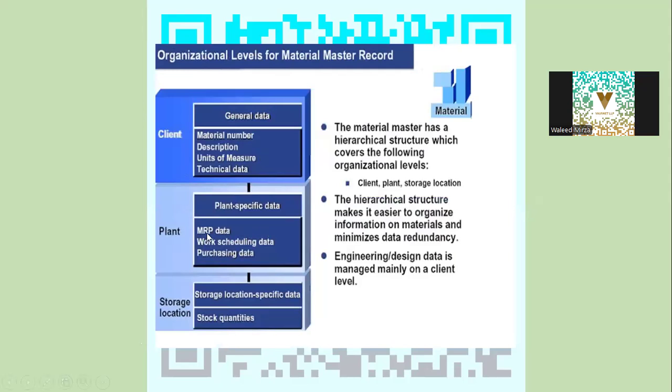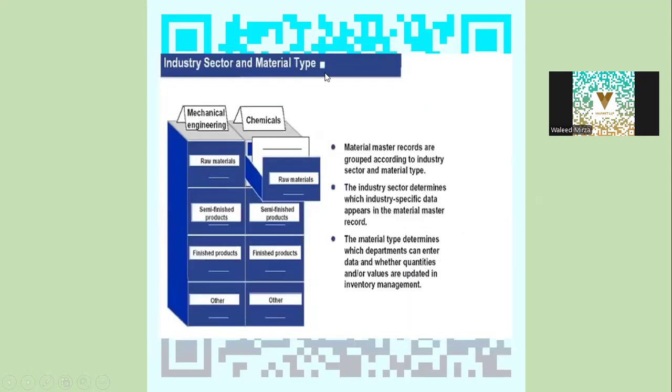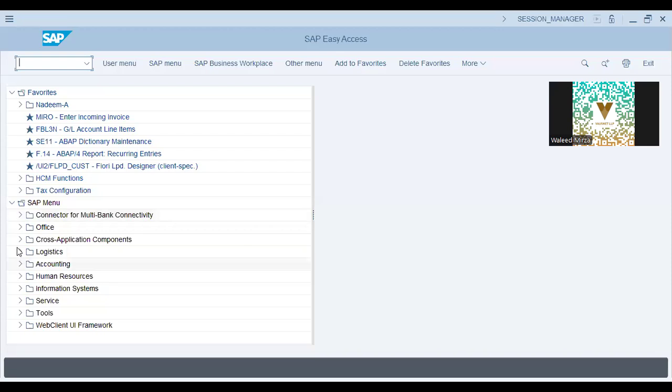Under plant, there will be subsections like material requirement planning, work scheduling, purchasing data. Storage location will have specific storage location details. Okay. Industry sector, material type. Okay, now this might actually get confusing for you. So let's go to SAP and see what we are talking about.